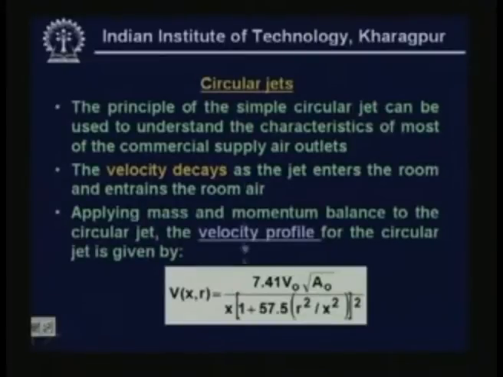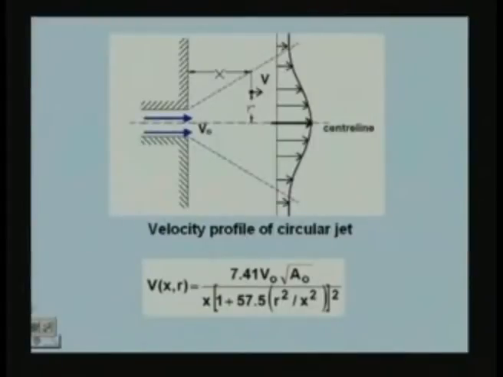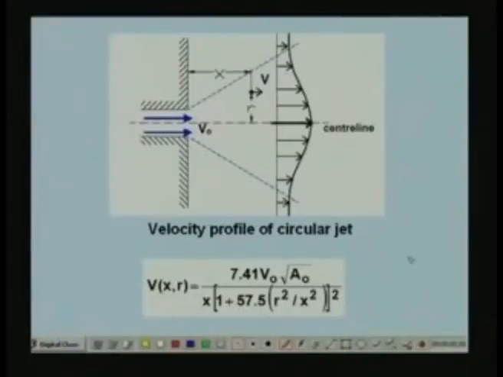Let me show this in a picture, so it will be clear. This is your circular jet. If you look from this side, it is circular in shape. The jet is leaving the outlet, and as I have already explained, it spreads. The air jet spreads, and its velocity varies continuously.